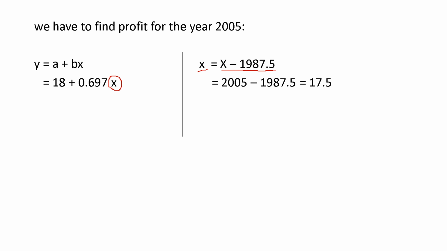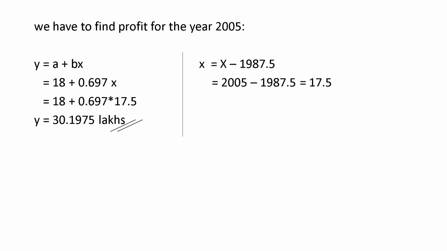So for capital X substitute 2005. So we will get 2005 minus 1987.5 is equal to 17.5. After that, solve it and you will get y is equal to 30.1975 lakhs. Hope this is clear.